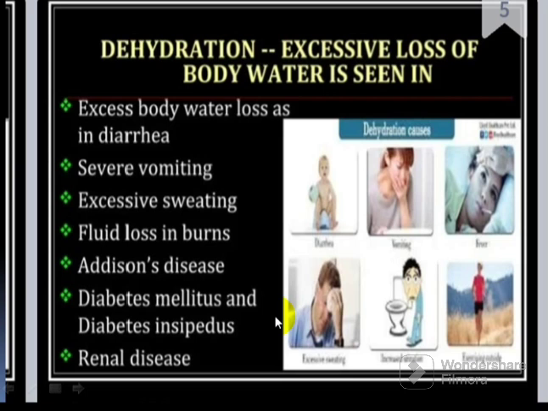Antidiuretic hormone means it prevents excessive water loss via the urine.